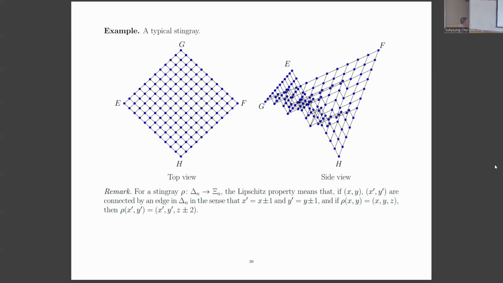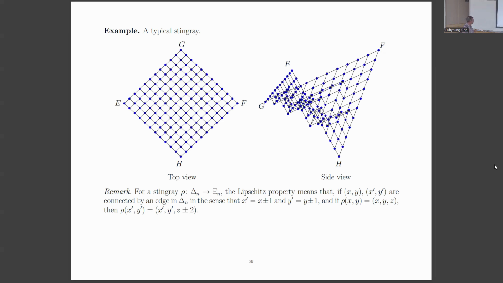So what that means is that when you go from this dot to that one, the z coordinate goes either +2 or -2. So in particular, if you want to describe this picture here, you can just put little arrows on the edges to figure out whether the z goes up or down. Because if it goes up, that has to be +2. If it goes down, that has to be -2.